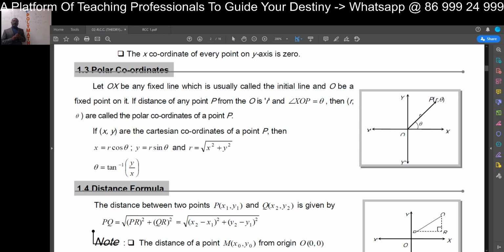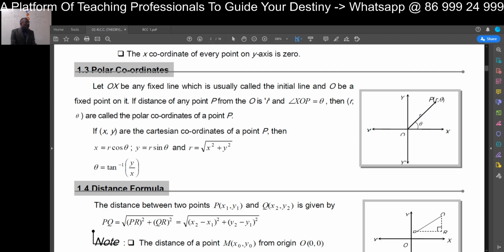So here, let me explain you here itself. That is, P of r comma theta is the notation of the point used in the polar coordinates, where theta is the angle made by OP with x-axis in the positive direction, and r is the distance.